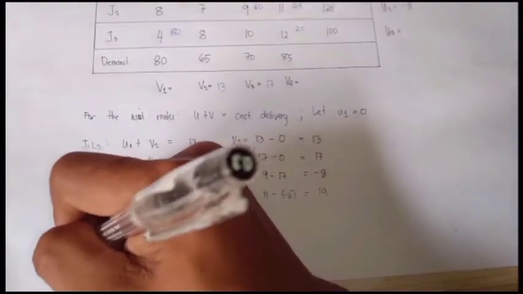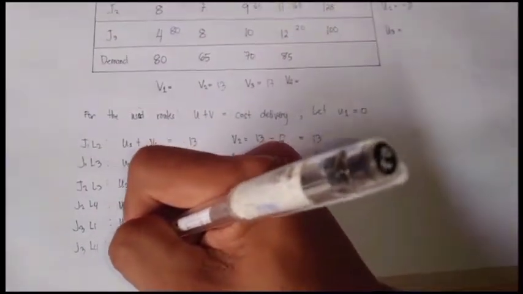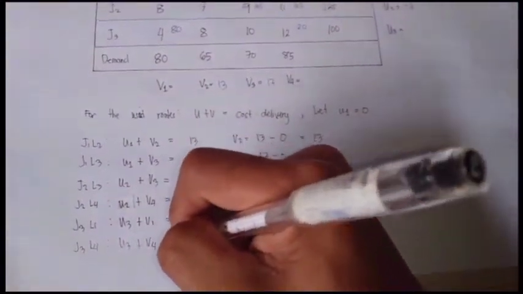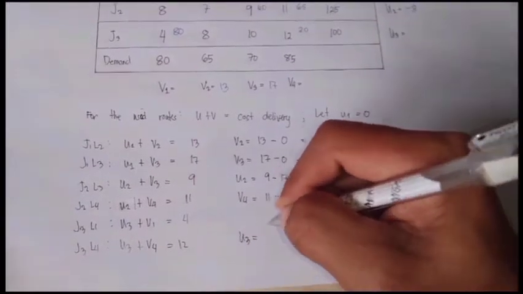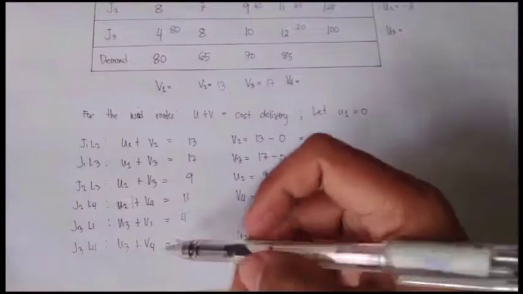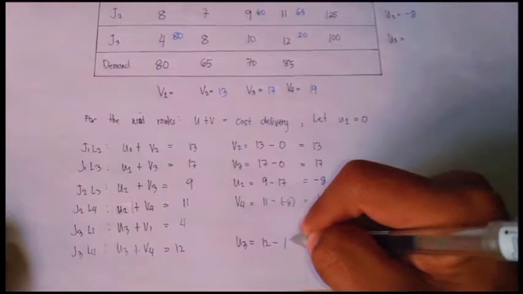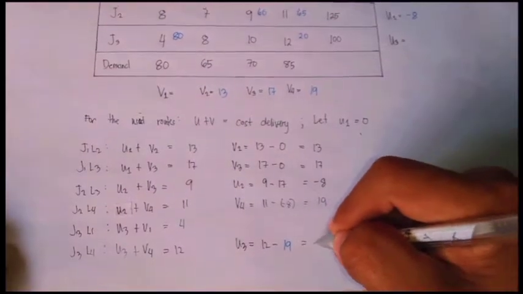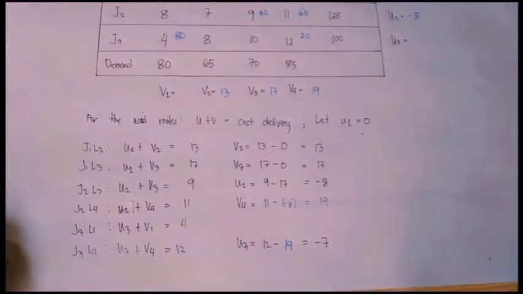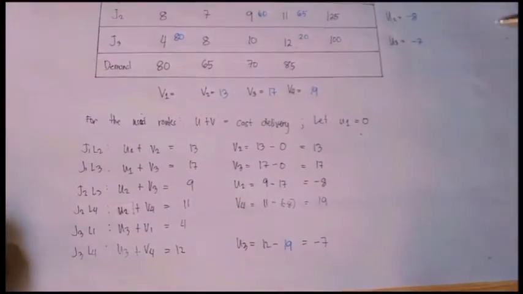So J3 L4, which is 12. U3 plus V4 is equal to 12. So we will get U3: 12 minus V4, which is 19, is equal to negative 7. Our U3 is negative 7.